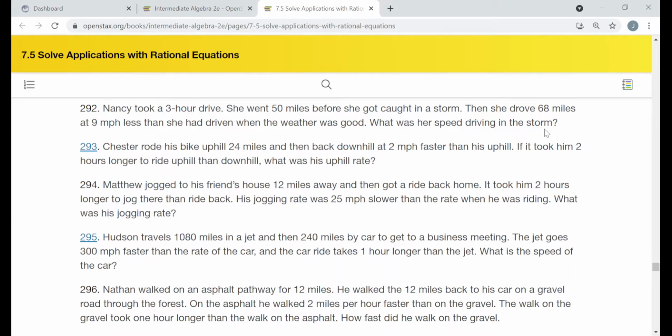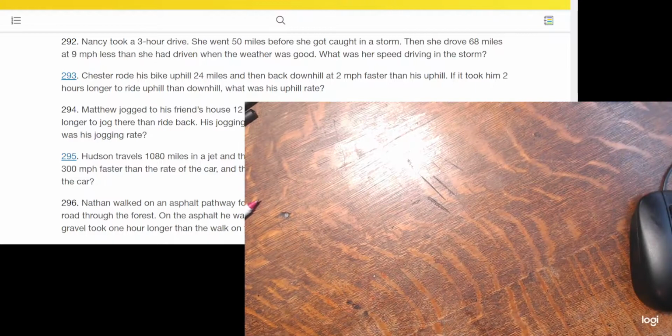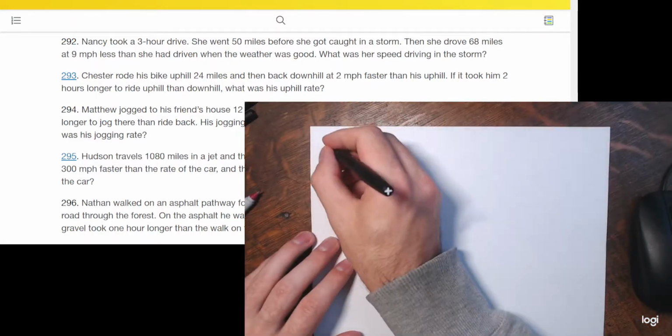Right, so we have the driving in good weather and the driving in the storm. That will make up the 2 rows of my distance, rate, time table. So once again, pulling this up, see exercise 292 on the top there, and setting up the same kind of chart.